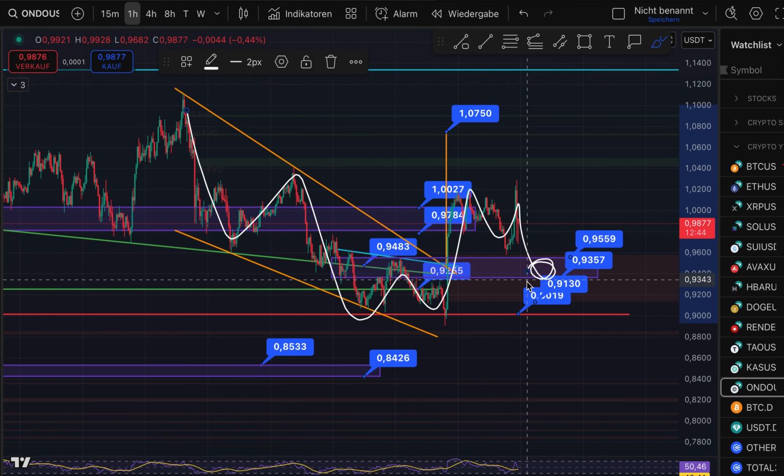And if not, if I love ONDO and I want to HODL it, I'm not HODLing altcoins because they are moving far too fast, and I just get a tax advantage if I hold a coin longer than 1 year. If I don't hold it 1 year, then I can even pay taxes up to 45%. That's why it's not useful for me.